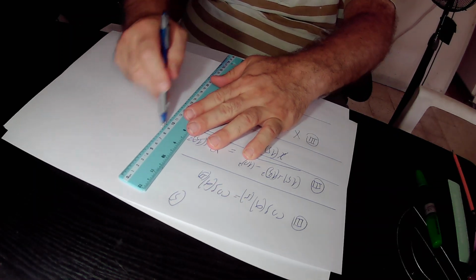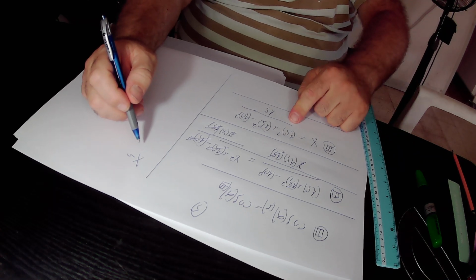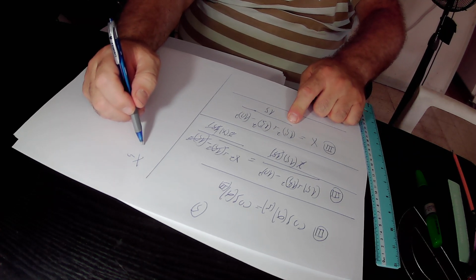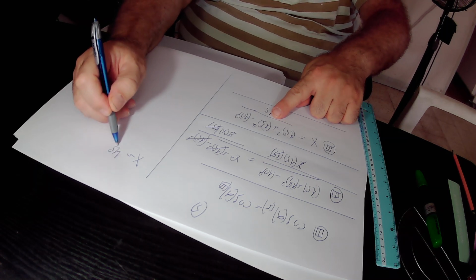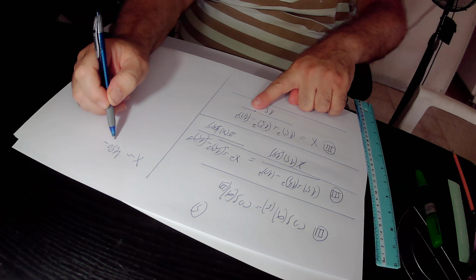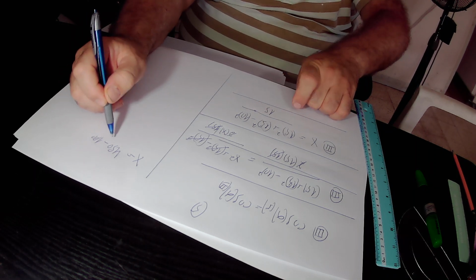So x equals... 15 squared is 225. So 225 plus 225 is 450, minus 10 squared. 10 squared is 100, so it is minus 100 over 15.